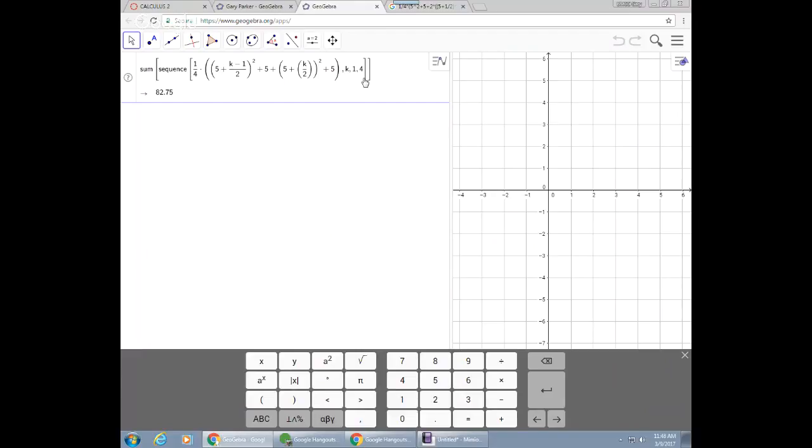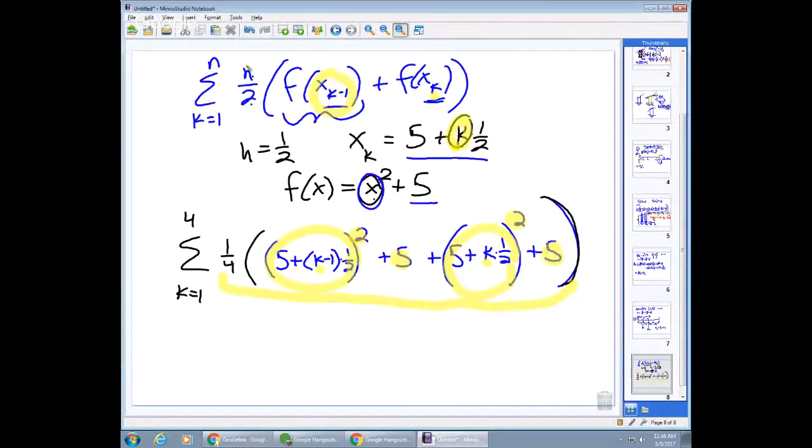So the nice thing about doing it this way is if somebody says, well, I need 10 subintervals now, all I have to do is replace the n parts with a 10. And so if I look back at my notes here, n appears in the h, and it appears at the top. And that's it. That's the only time I need n, right?